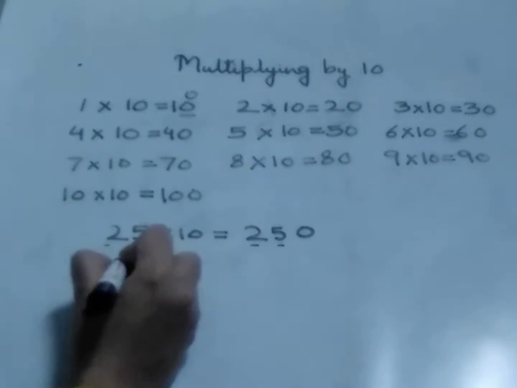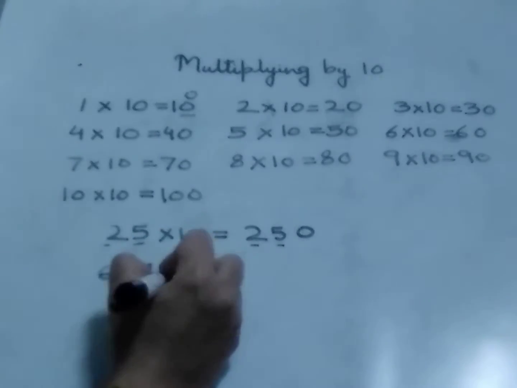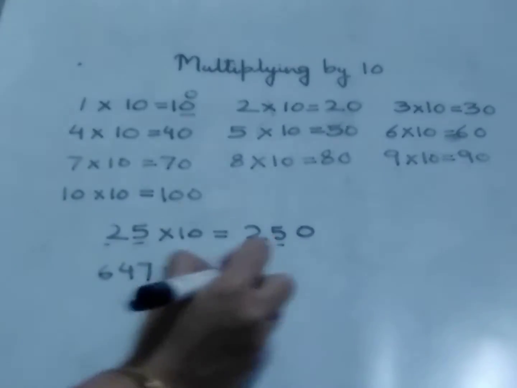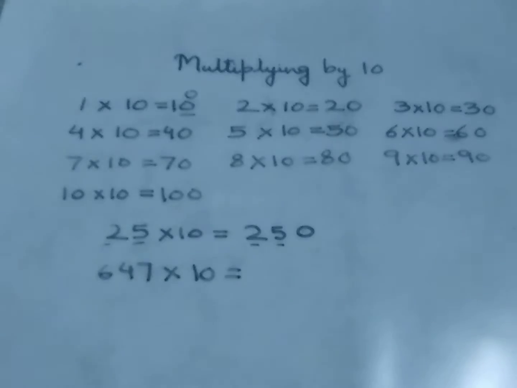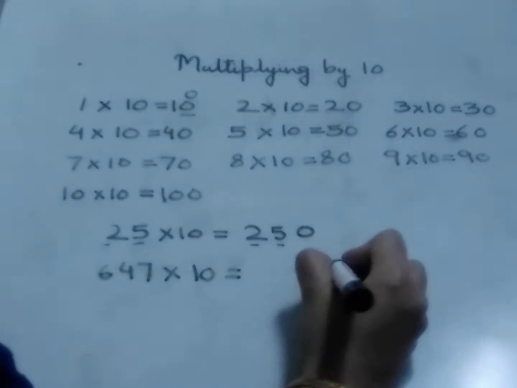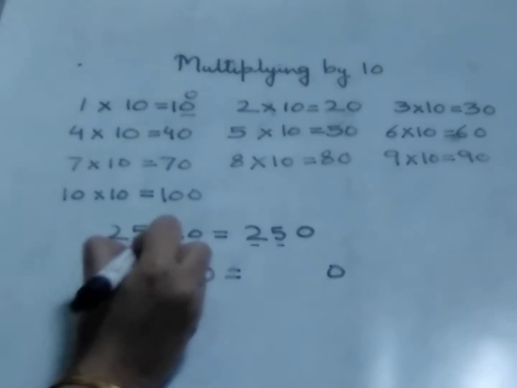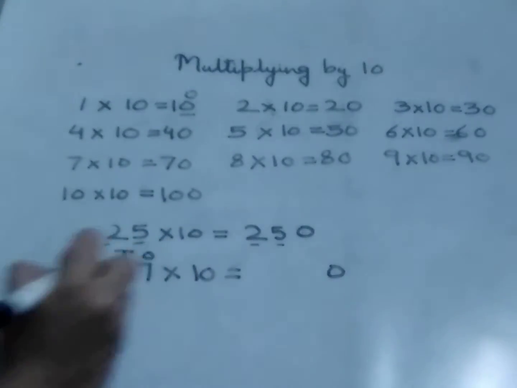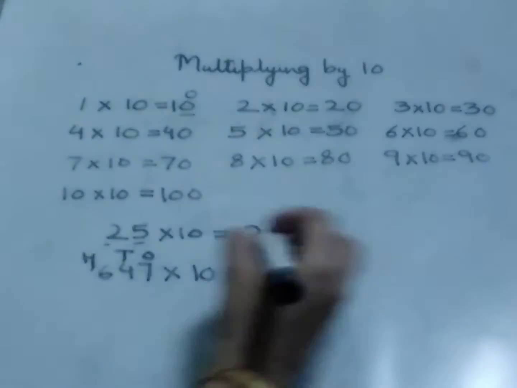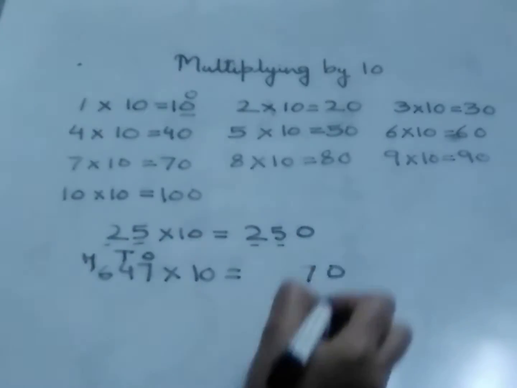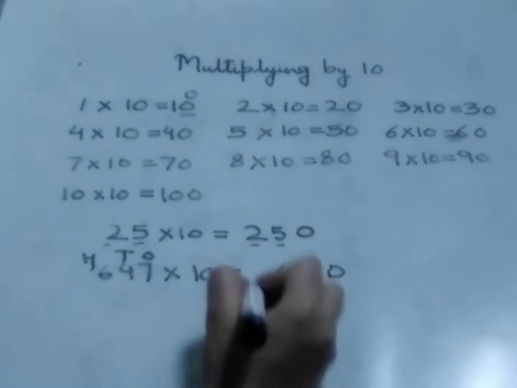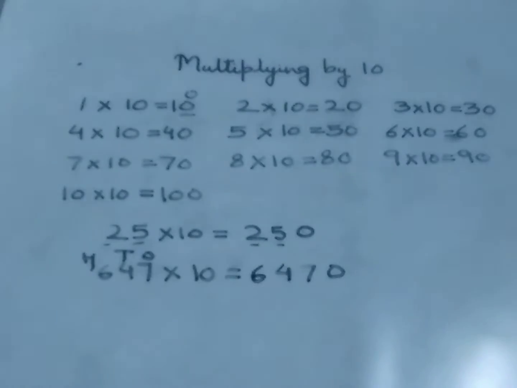Second one is 647 multiplied by 10. Again here 0 is added to the ones place and each of the remaining digits, these are ones place, tens place, 100 place, is pushed to the higher place. That means 7 becomes 7 tens here, 4 becomes 400 and 6 becomes 6000.